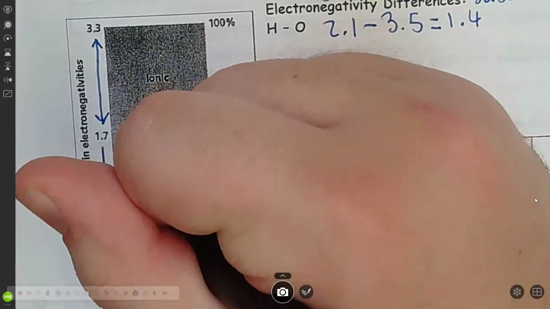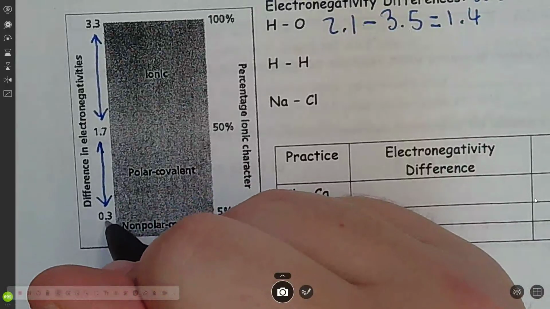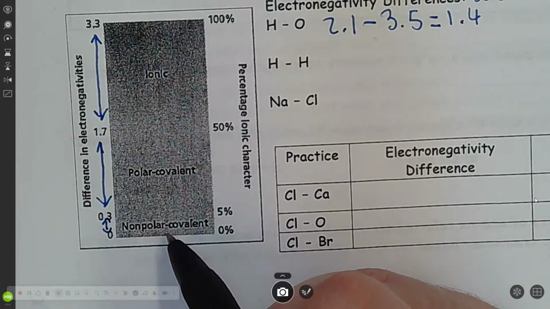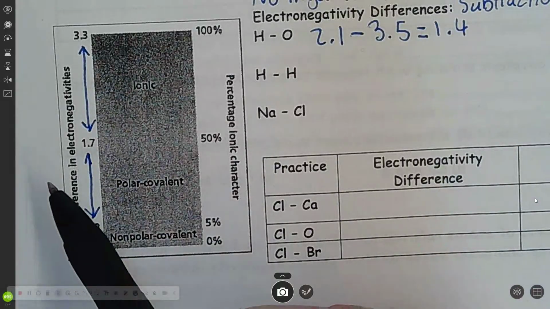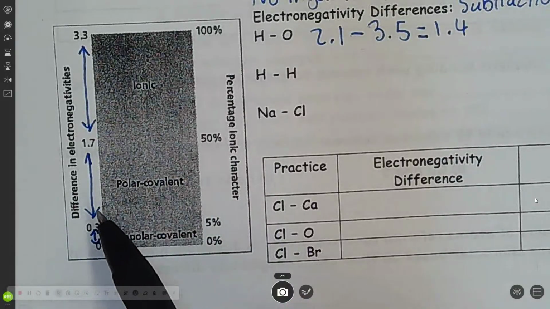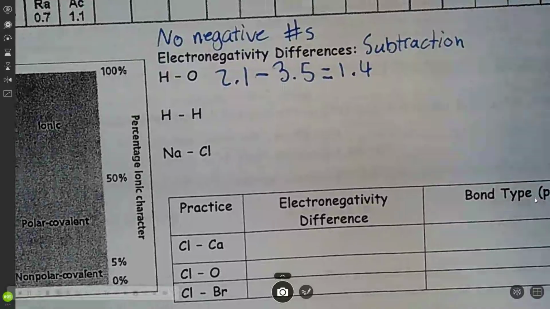Anything from 1.7 to 0.3 is polar covalent, and then anything from 0.3 to 0 is nonpolar covalent. And so if we were to take our number 1.4 and figure out where it goes in the chart, it's going to be somewhere in this middle range, which means it is a polar covalent bond.